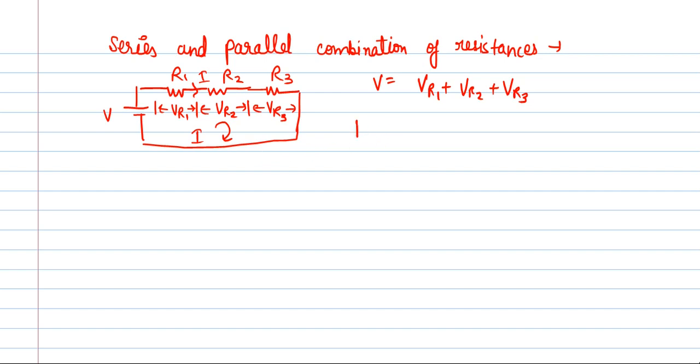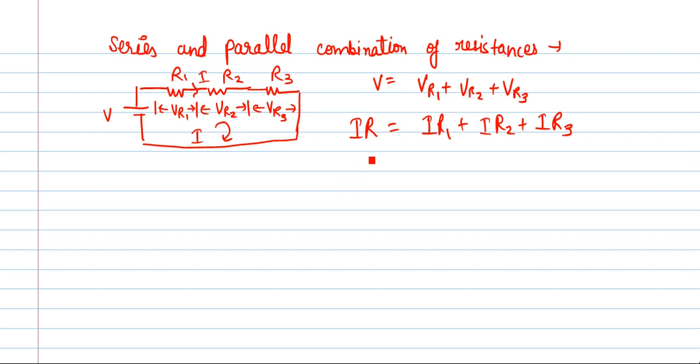Now V is equal to I into R. R is the equivalent resistance of the circuit, and R is the combination of R1, R2 and R3. That is equal to VR1, which is current into resistance R1, plus VR2, which is current into resistance R2, plus VR3, which is current into resistance R3.